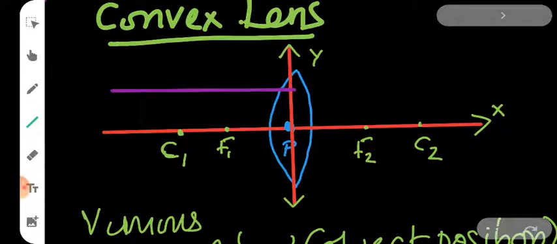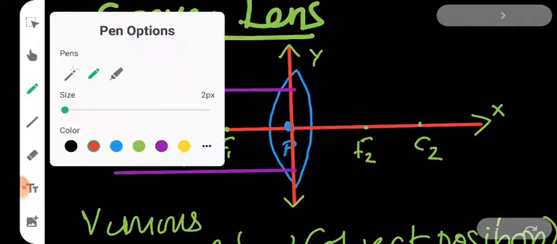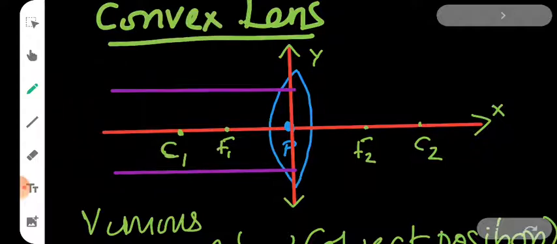So any ray coming from an object placed at infinity will be parallel. The only number of rays you require to describe the image are 2 rays out of 3 choices, if you remember. So for an object kept at infinity, the rays will always be parallel to each other. So you have 2 rays which are moving parallel to one another.